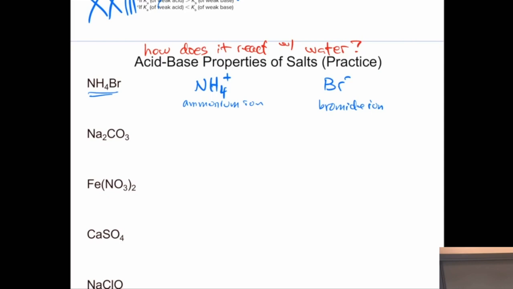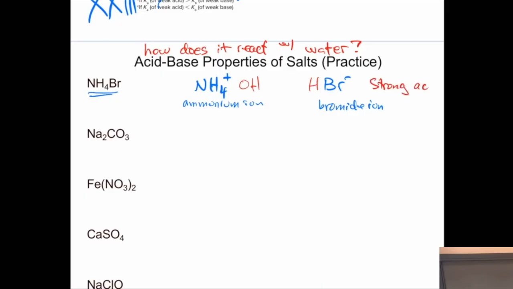The ammonium ion is going to associate with hydroxide ions, and the bromide anion is going to associate with hydrogen ions. And now, ask yourself, is HBr a strong acid or a weak acid? Strong. You only have to know the 6 strong acids, and this is one of them.